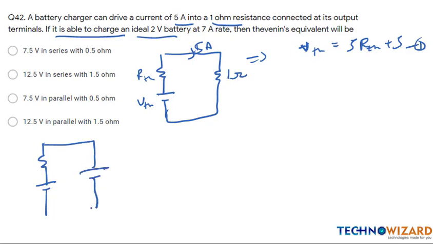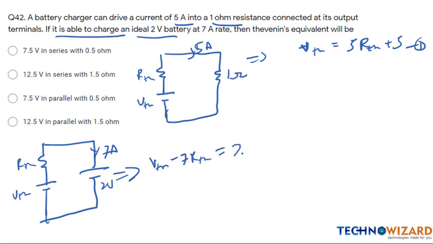The 2 volt battery is charging here and the current flowing through this is 7 ampere, and this is RTH and this is VTH. From here you can calculate VTH minus 7 RTH is equal to 2. This will be the second equation. You can calculate this by applying KVL here and also by applying KVL here.